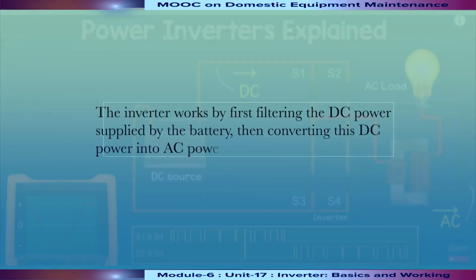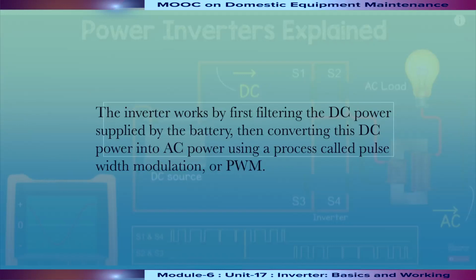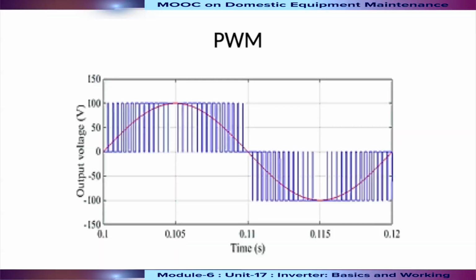The inverter works by first filtering the DC power supplied by the battery, then converting this DC power into AC power using a process called pulse width modulation or PWM. In this process, the inverter increases or decreases the width of each pulse of the DC power, which effectively creates sine waves similar to AC power waves.